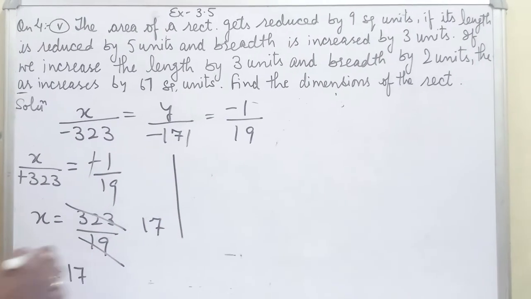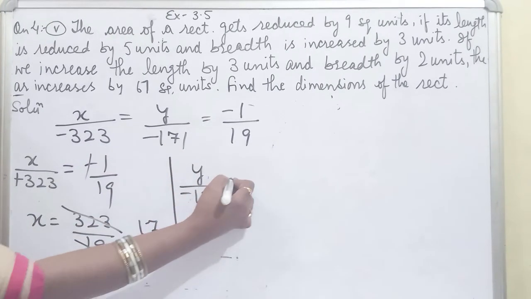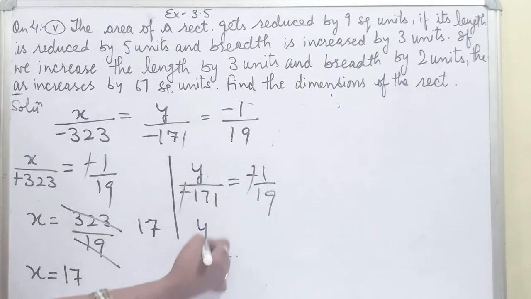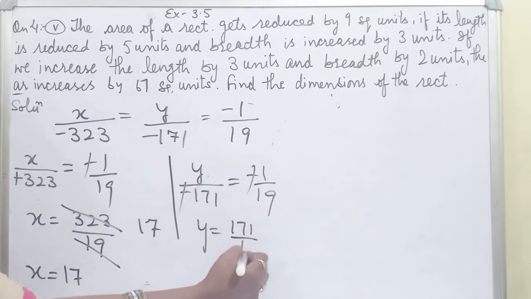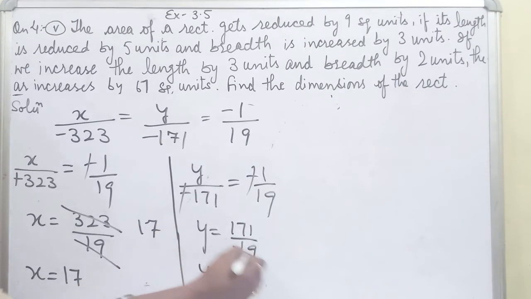So x equal to 17, and in the same way I can get the value of y also by putting these two equal. This will cancel out. y is 171 upon 19, and the value of y will be 9.